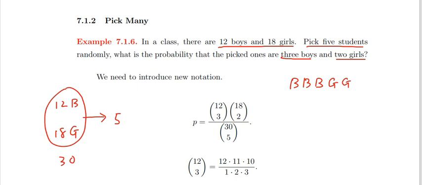But the question is just that we need 3 boys and 2 girls. So 3 boys and 2 girls can be this way, or also this way, like girl, boy, girl, boy, boy, right? Or it could be another order.